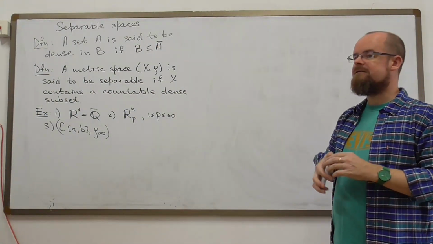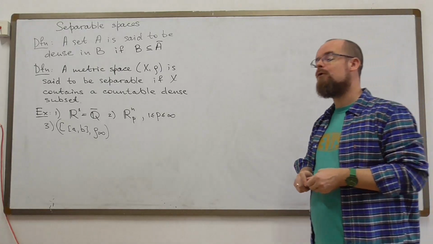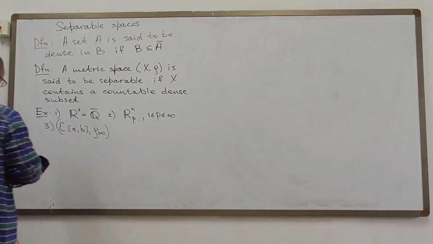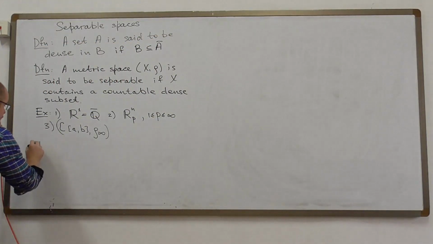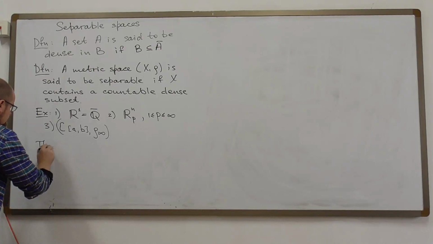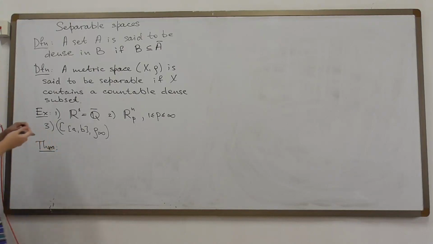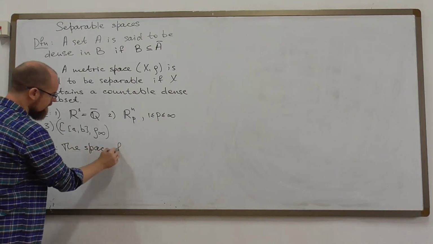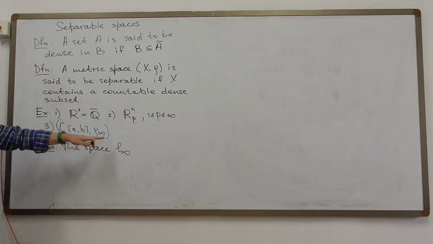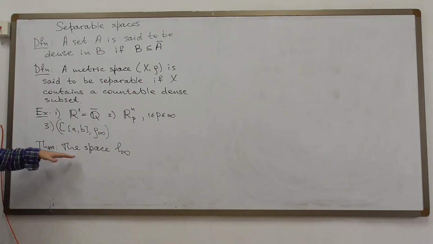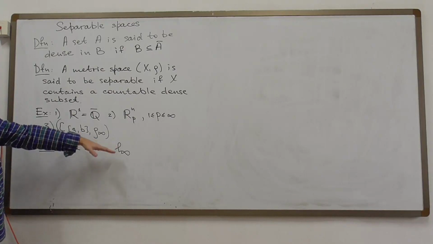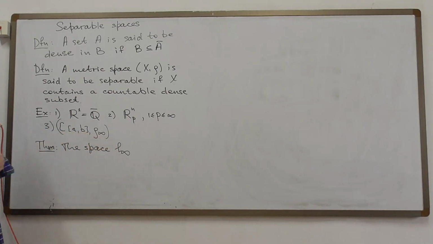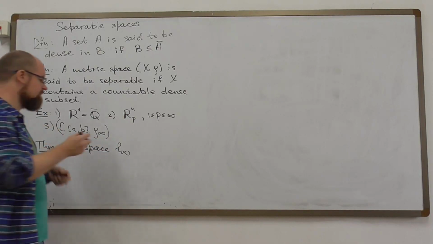Well, let us finish with the example of a non-separable space. Theorem. The space L infinity of bounded sequences with the uniform norm, with rho infinity metric, is not separable.